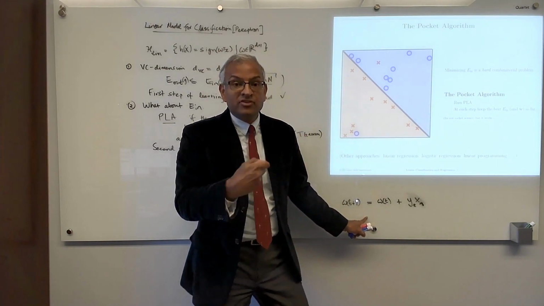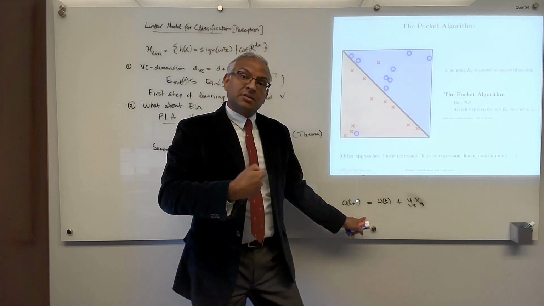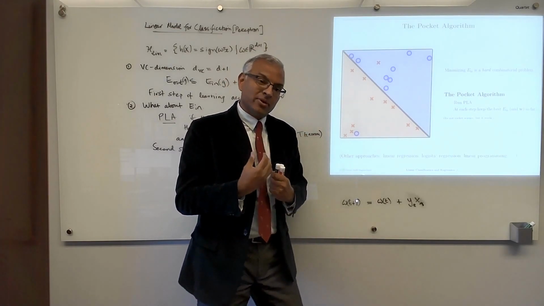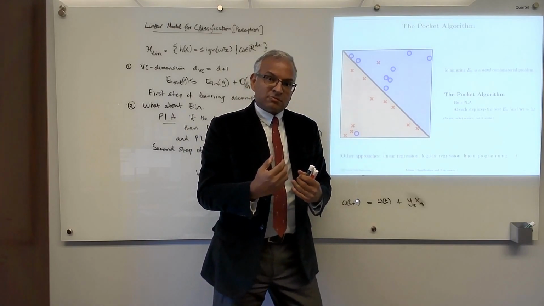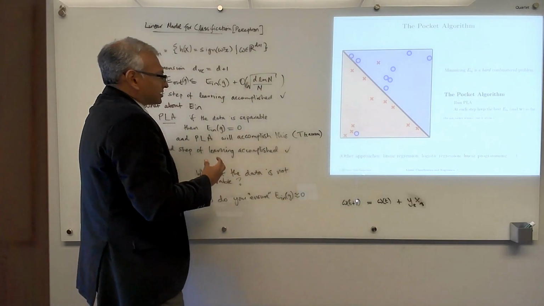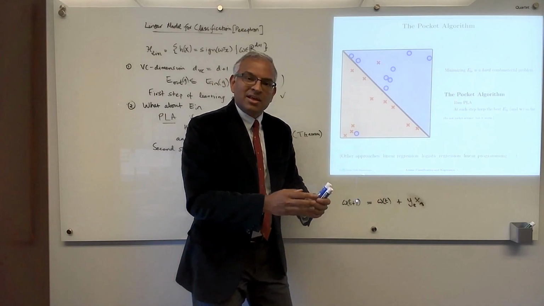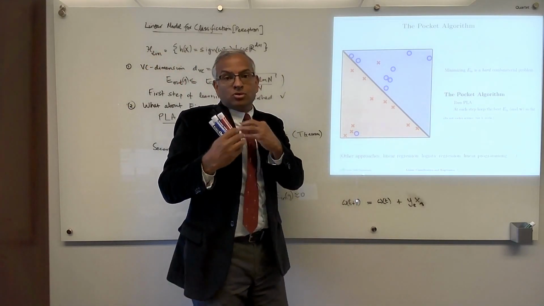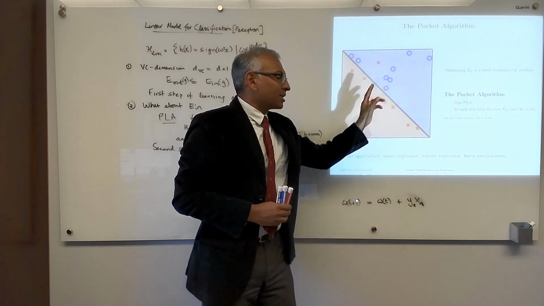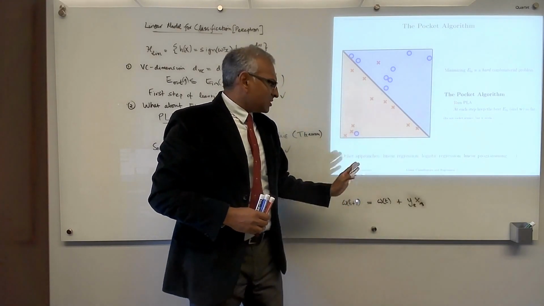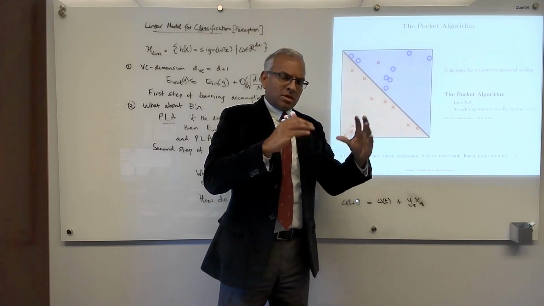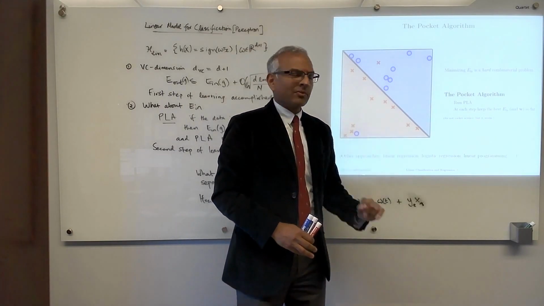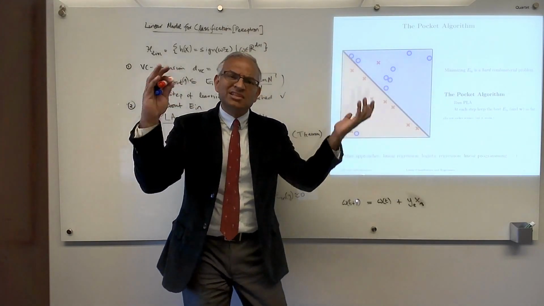And if we can improve the starting point, let's say not starting at a random set of weights, but at a set of weights that is produced by an algorithm that can be efficiently run and produces a set of weights that are in some sense good, then we start from a good set of weights, and then the pocket algorithm improves those weights. And so there are methods that improve the starting point based on linear regression, logistic regression, and so on. We'll see some of these.